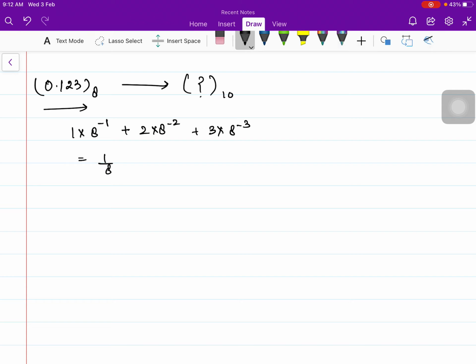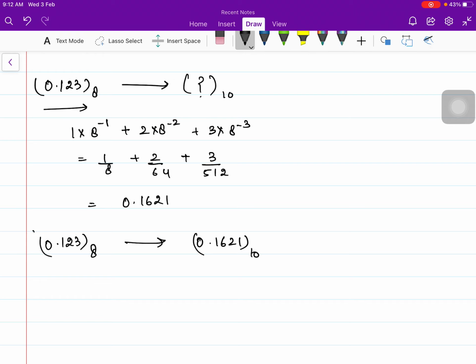It is 1 upon 8 plus 2 upon 64 and plus 3 upon 512. So the answer comes out to be 0.1621 when you solve it by your calculator. So 0.123 in octal being converted into decimal comes out to be 0.1621 in decimals. I hope it is clear.